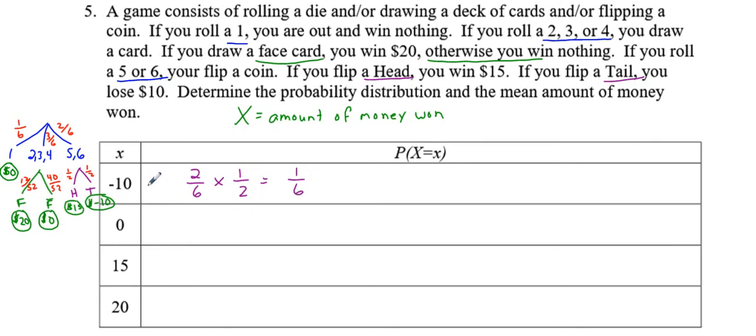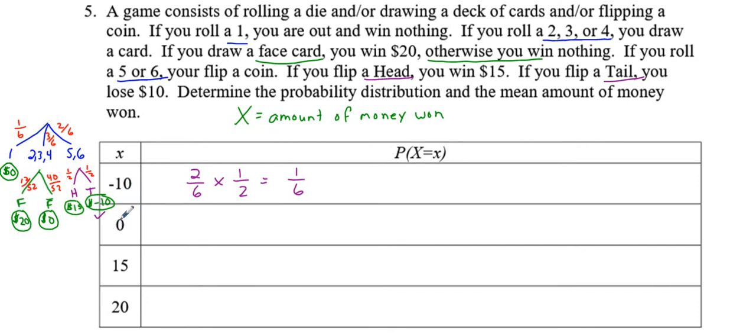Now you don't need to put P(X = -10) here, because that's the point of arranging it in the table: we've listed all of our x's and we've stated that anything in this column is the probability that the amount of money won is equal to whatever that little x is. So this is the probability of losing $10. And then what I like to do is put a little check mark there saying I've taken care of that branch, because later on when we get more complicated games you're going to have tons of branches.